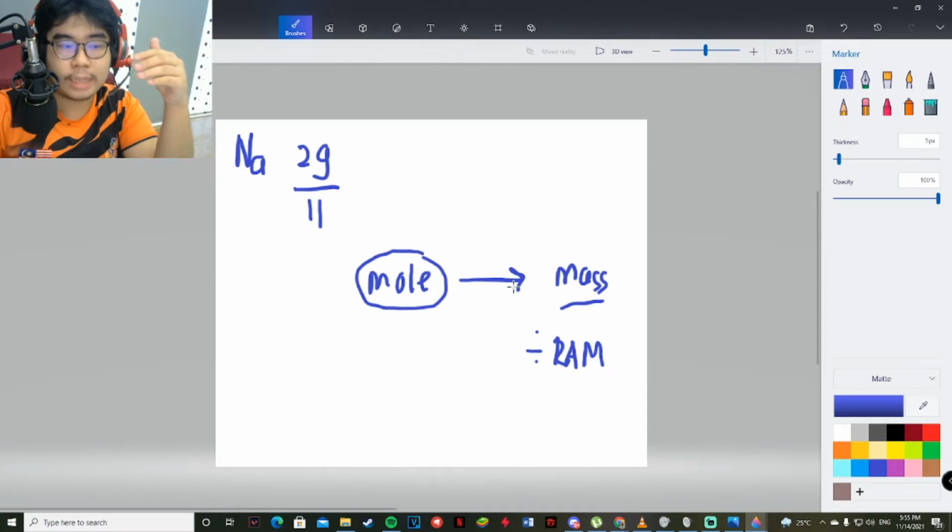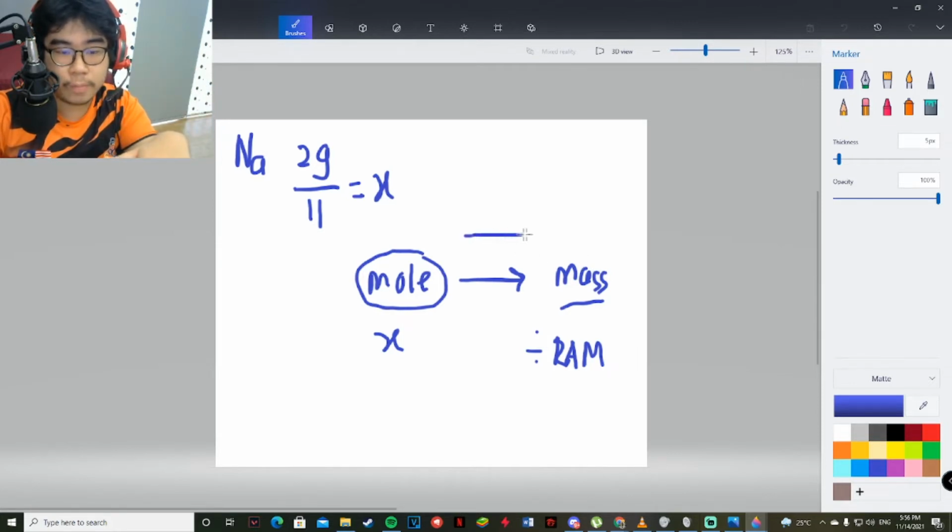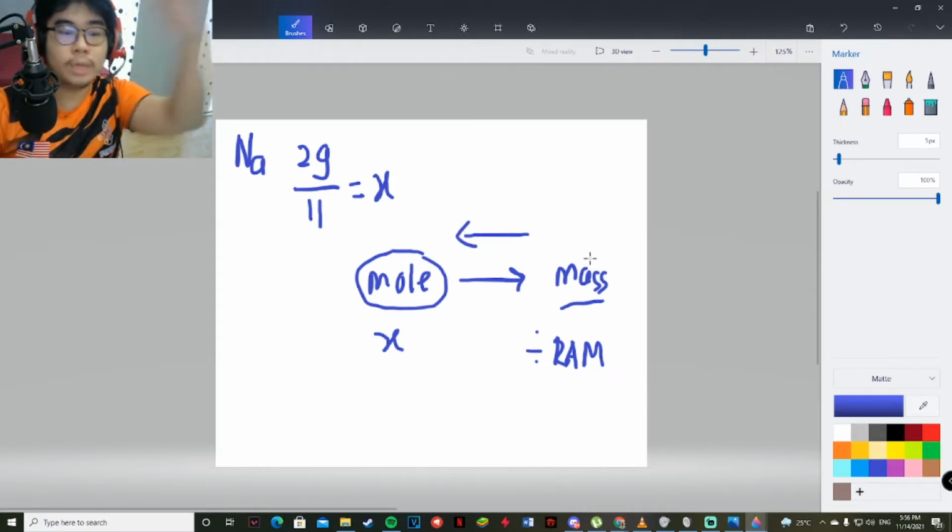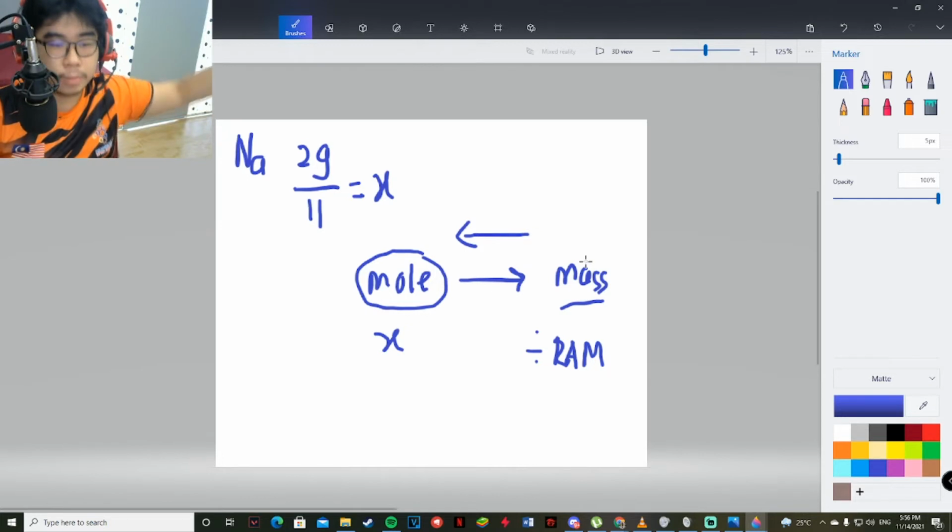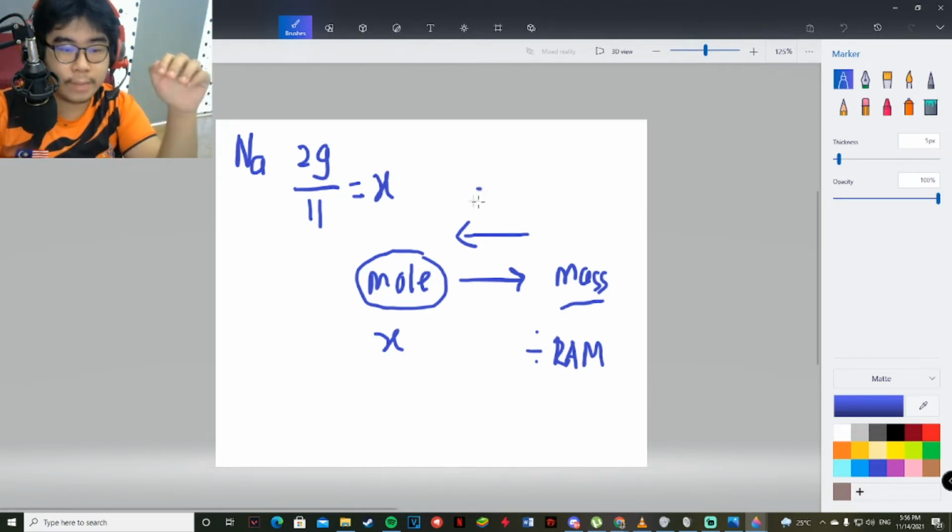So let's say sodium is 11, so you get 2 grams divided by 11, you get any number, a value x, and x will be the number of mole. In order to change from the mass on the right side to the mole on the left side, you divide by RAM.